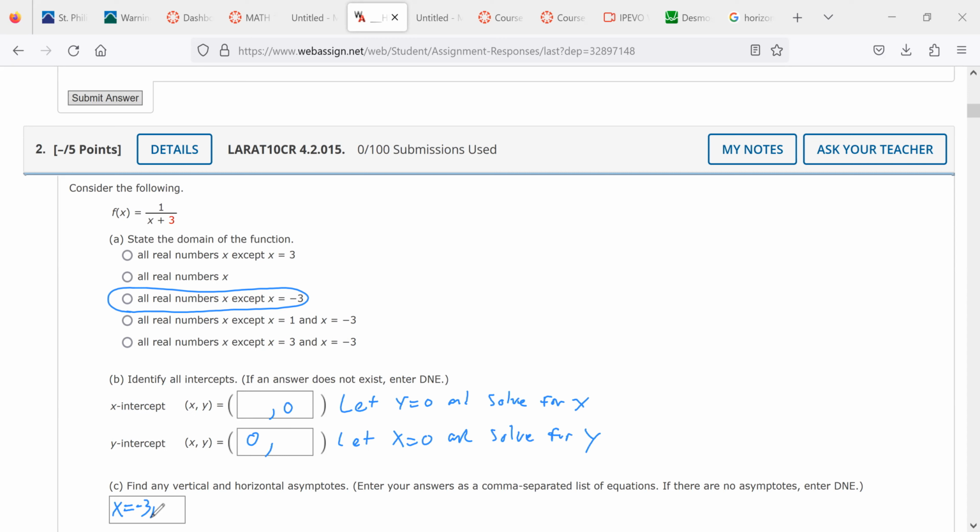Horizontal. The degree is bigger on bottom, so it's gonna be 0.